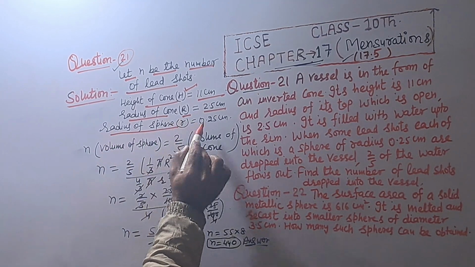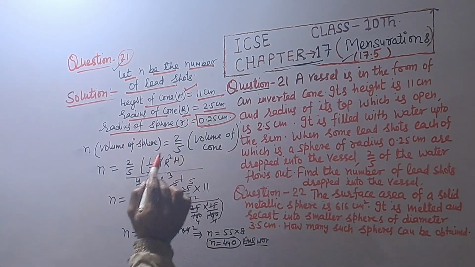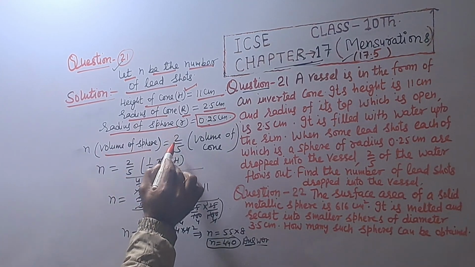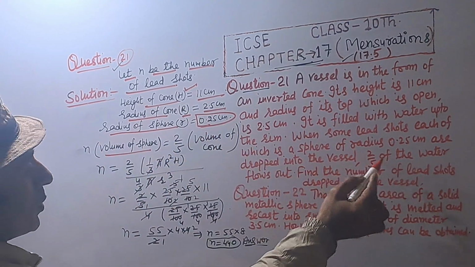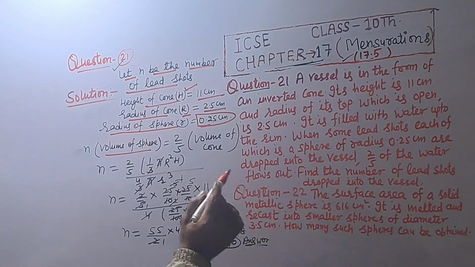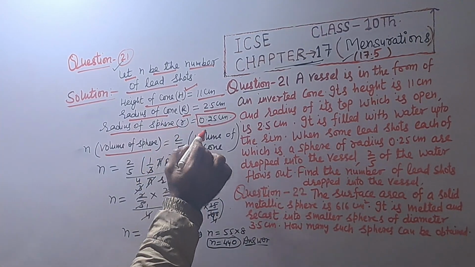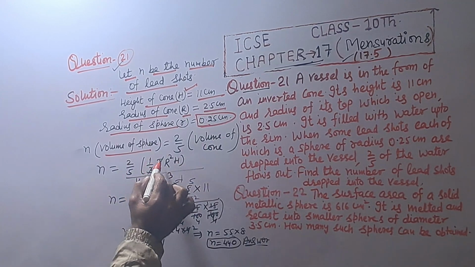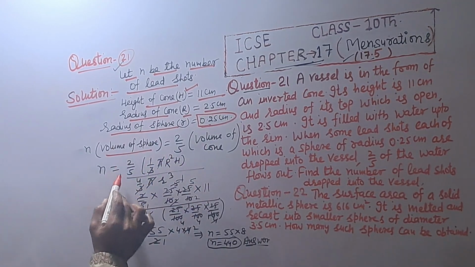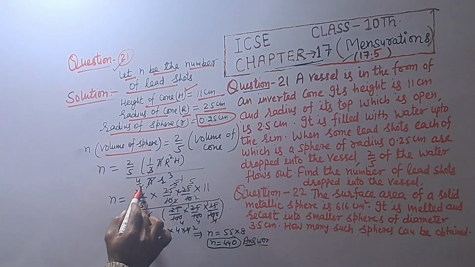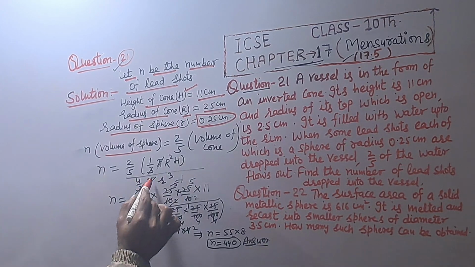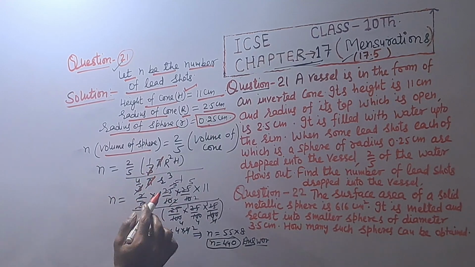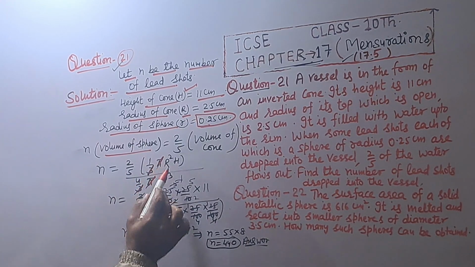Radius of sphere small r equal to 0.25 cm. n into volume of sphere is equal to 2/5 of volume of cone. 2/5 of the water flows out, that is 2/5 times volume of cone. 2/5 into 1/3 pi r square h divided by volume of sphere 4/3 pi r cube. Pi is cancelled, 3 is cancelled.